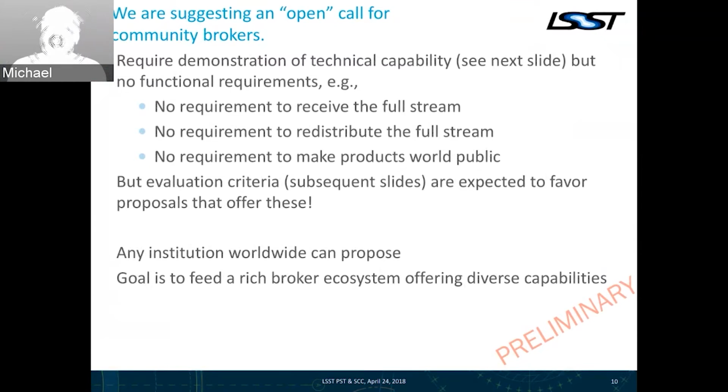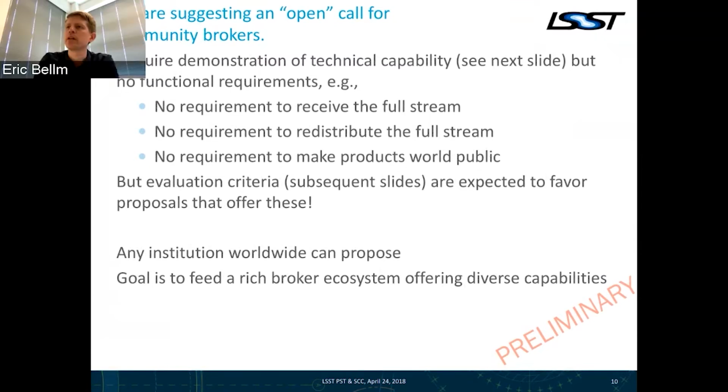So the statement would be that a broker would be allowed to reach into the DAC if it was limiting the distribution of those products to data rights holders. So I would not expect an institution proposing for a broker to be building DAC-specific services because, I guess it's hard to say.